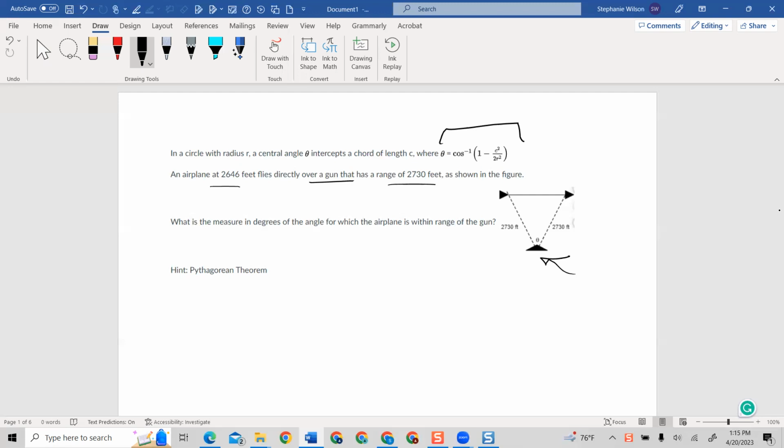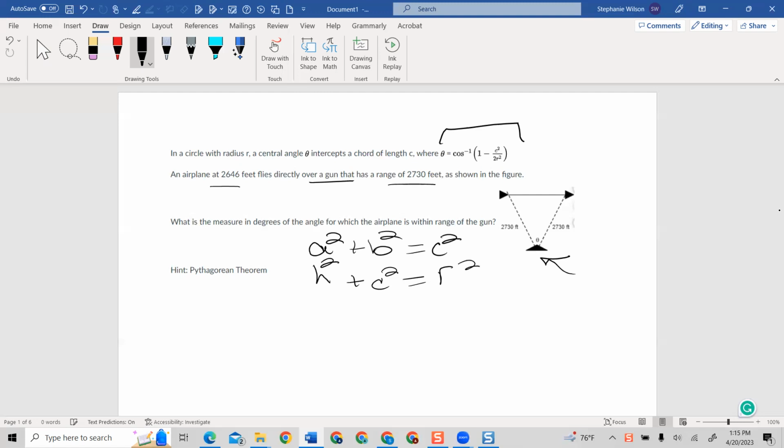And it's the Pythagorean theorem. We know the Pythagorean theorem is a squared plus b squared is equal to c squared, but let's let a be the h, which is the height. You can call b c for the chord, or you can call it x, whichever one you want. And let's call c here our radius.